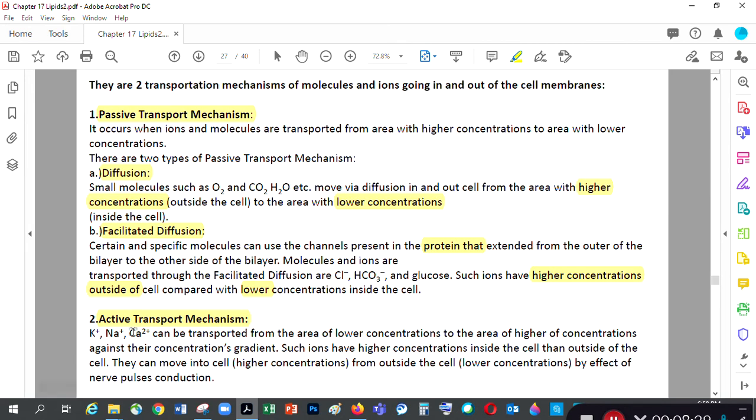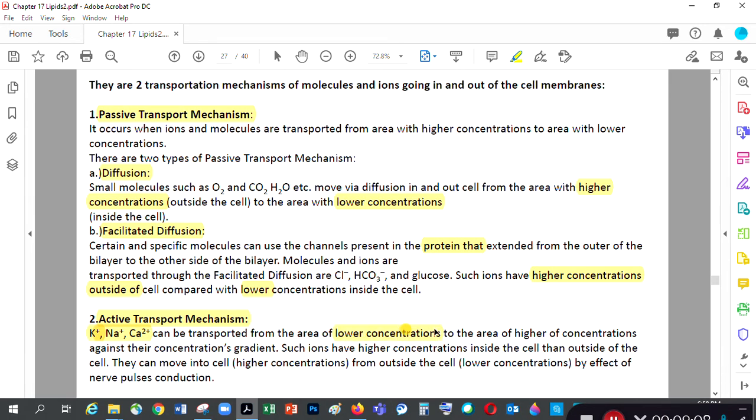The second part is the active transport mechanism. And this is like a reverse osmosis. Why? Because they go like this. So potassium, especially potassium, sodium, and calcium are transported from lower concentration to the area of higher concentration.